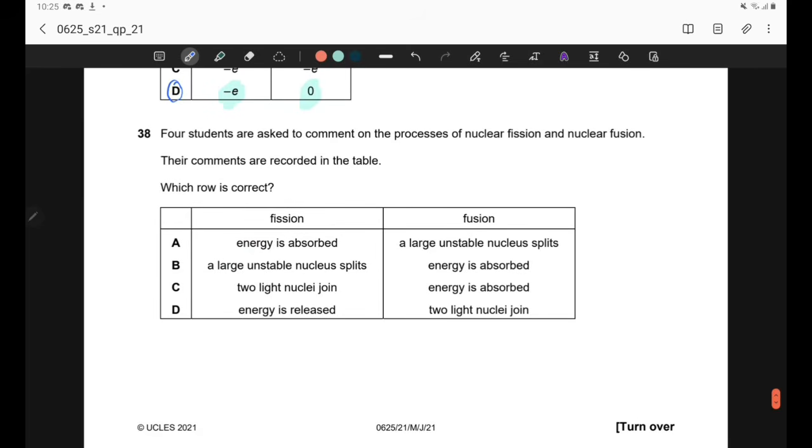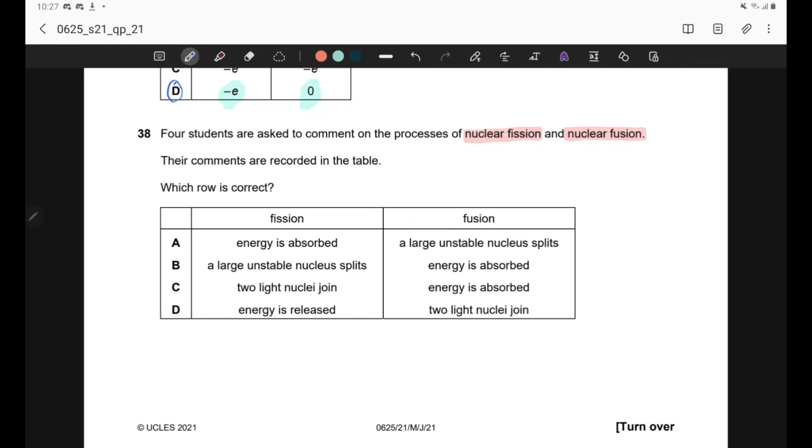Question 38. Four students are asked to comment on the process of nuclear fission and nuclear fusion. Their comments are recorded in the table. Which row is correct? In order to answer this, we must know what nuclear fission and nuclear fusion are.